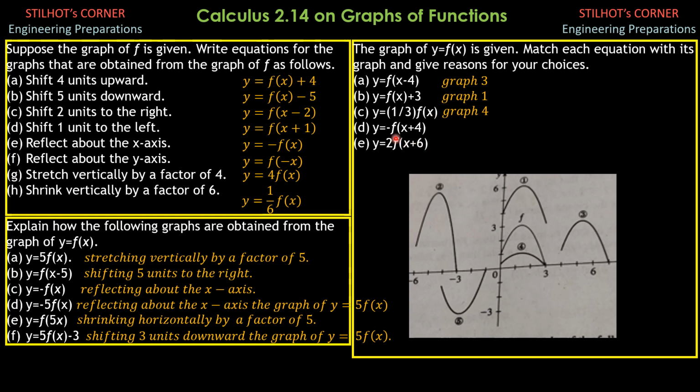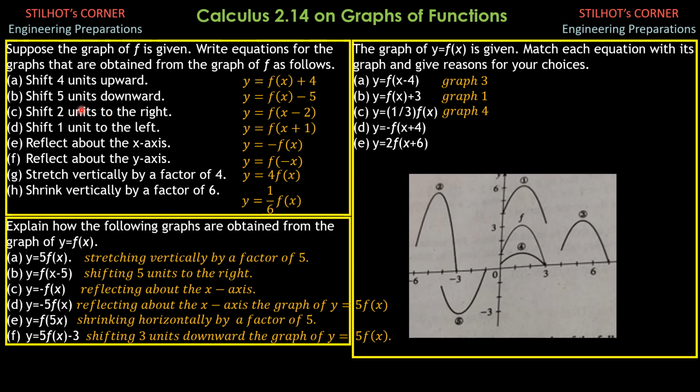Then y equals negative of f of x plus 4. If we concentrate on f of x plus 4, it means that it is shifted horizontally 4 units to the left, just like here, 4 units leftward.